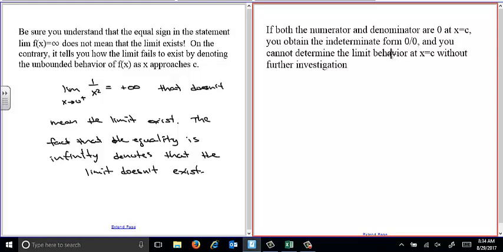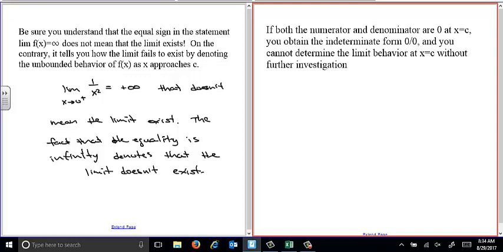If it is indeterminate, just because the denominator is 0 doesn't mean that it's unbounded. In pre-calculus, we never really looked at this, but in calculus, you have to be really careful about not jumping to conclusions too quickly about the limit.